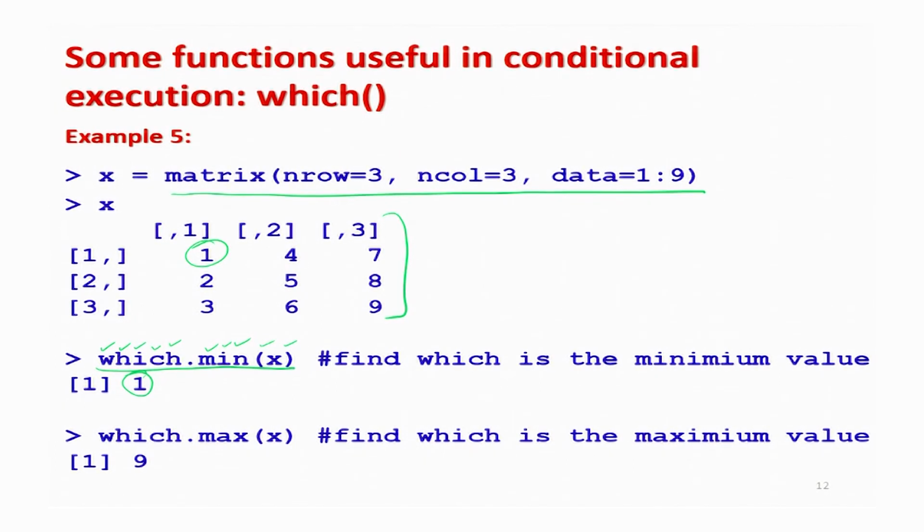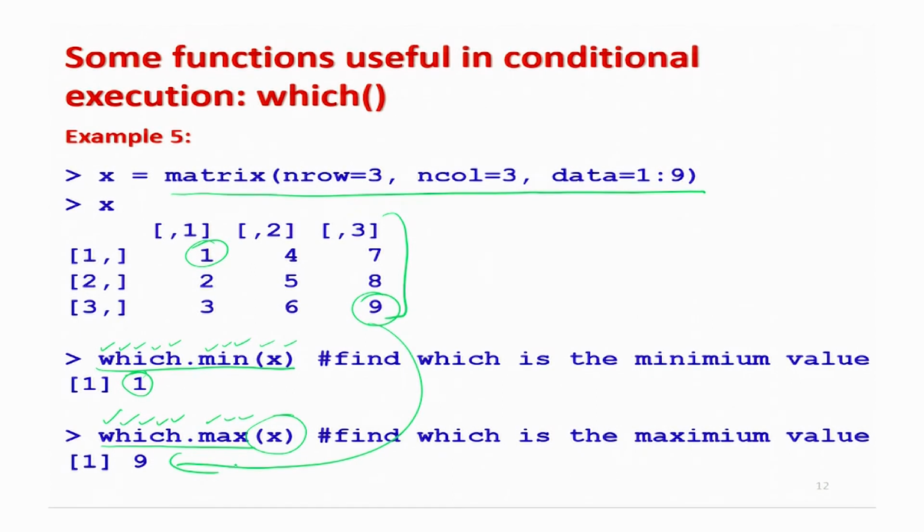For that the command is which.max, and inside the parenthesis you write the array, which is x. So, this will find which of the values is the maximum. Out of 1 to 9, 9 is the maximum value which is reported here. Okay.